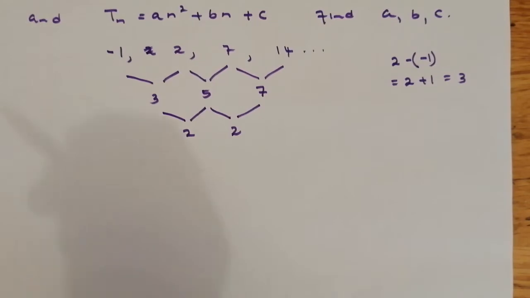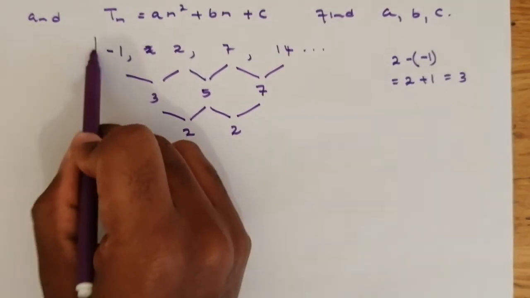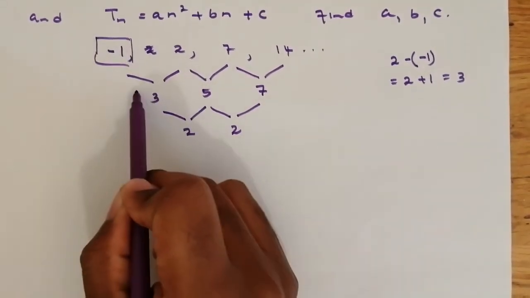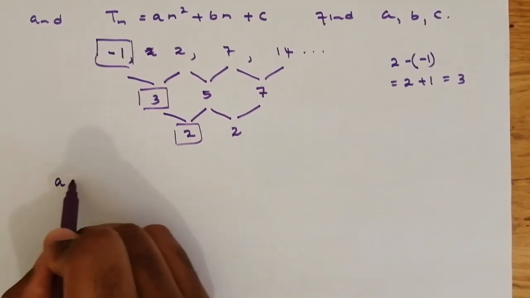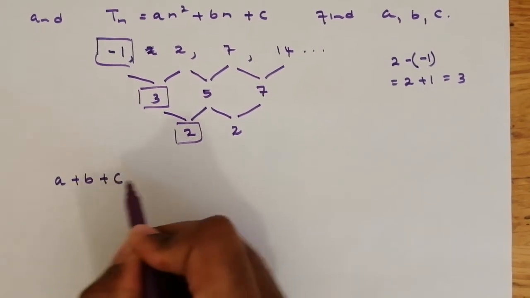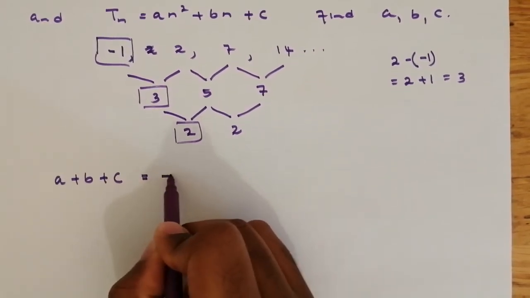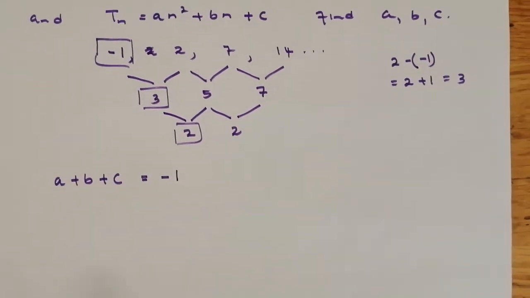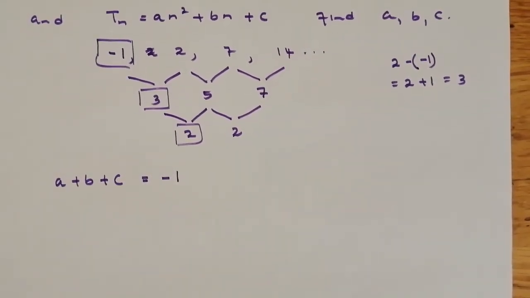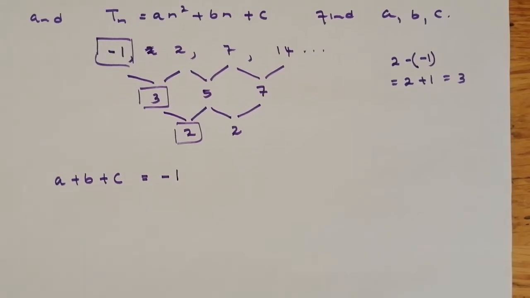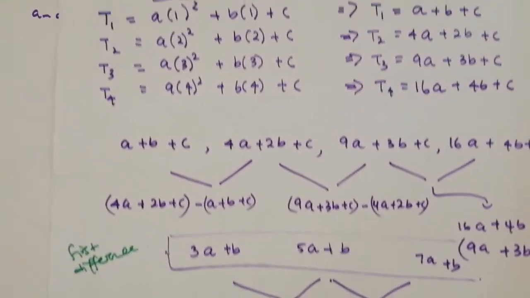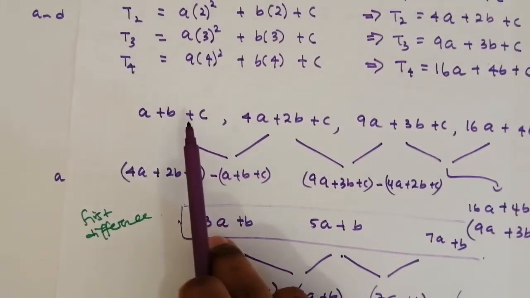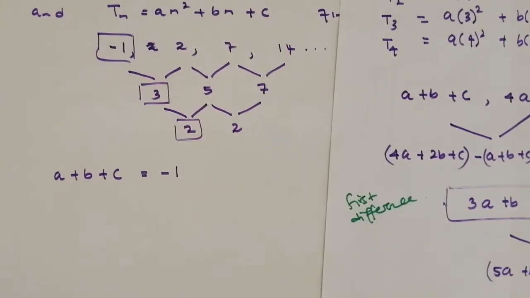And then we came up with the terms in terms of A, B, and C. Initially, A plus B plus C was the term that corresponds to -1, as you can see from what we did last time.